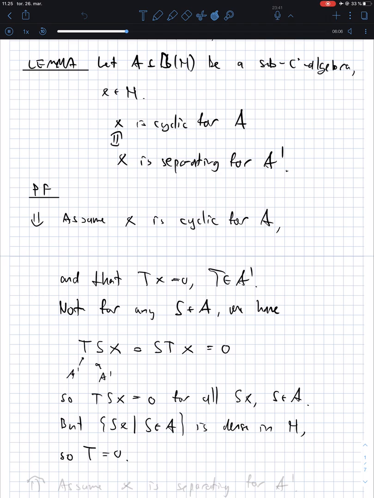Okay, so that takes care of the downward implication.